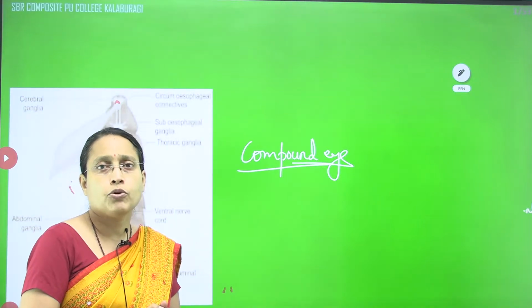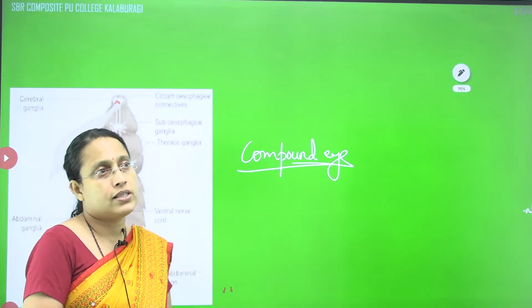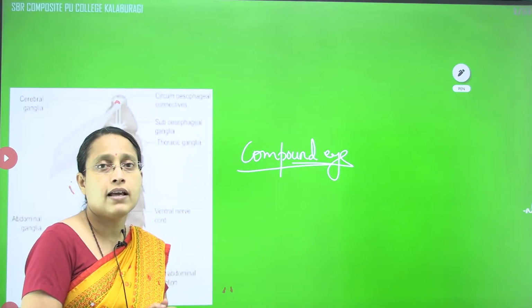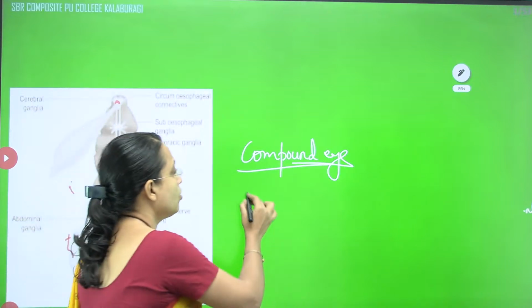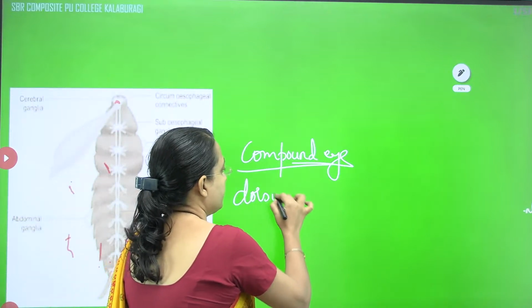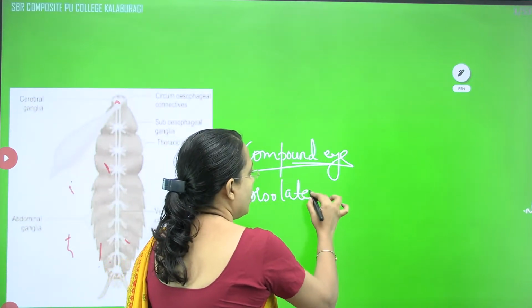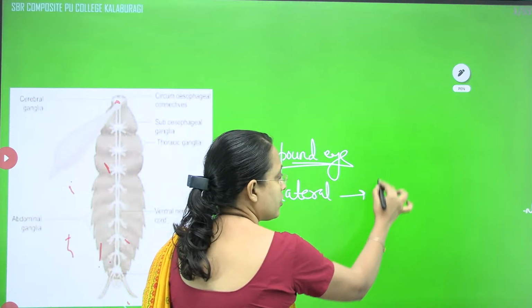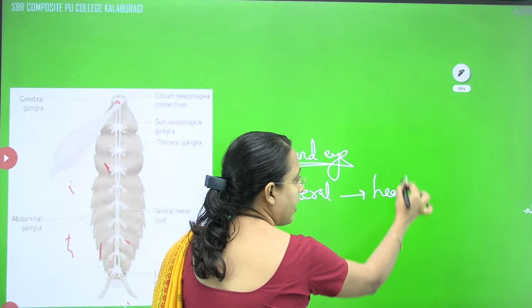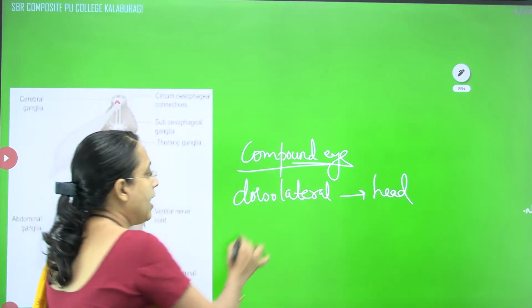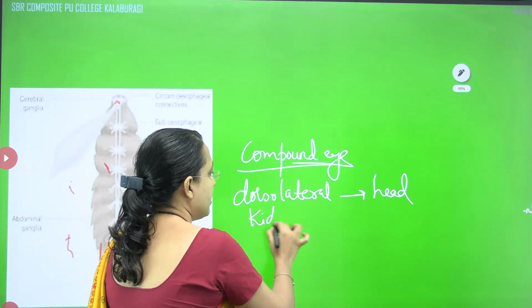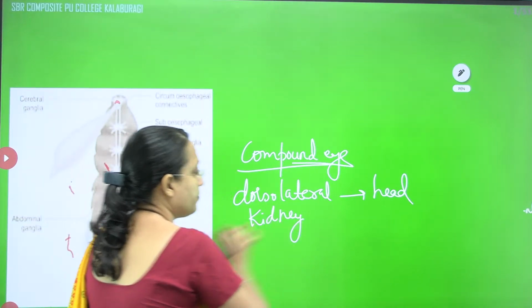The eyes of arthropods are usually called compound eyes. This cockroach is an insect, so it also has a compound eye, dorsolateral in position in the head region, and more or less kidney shaped.